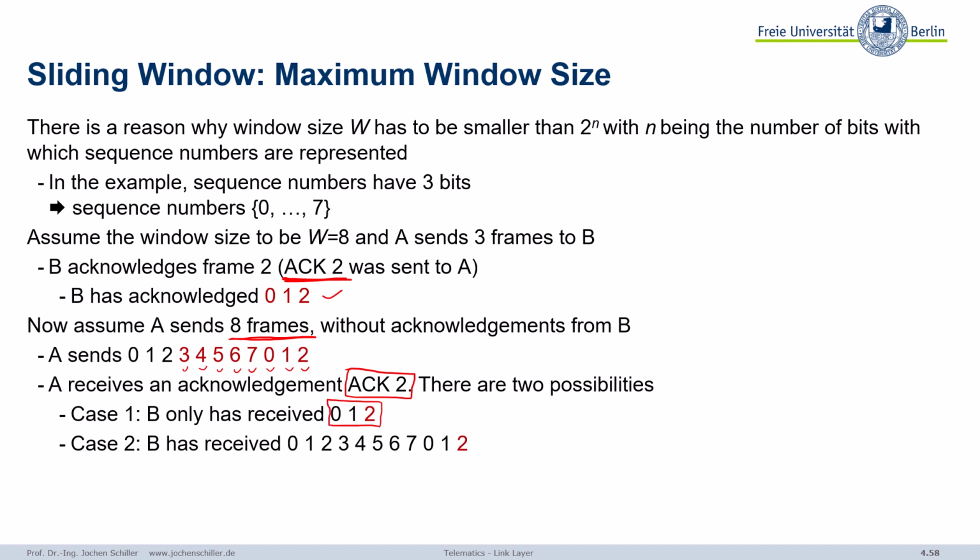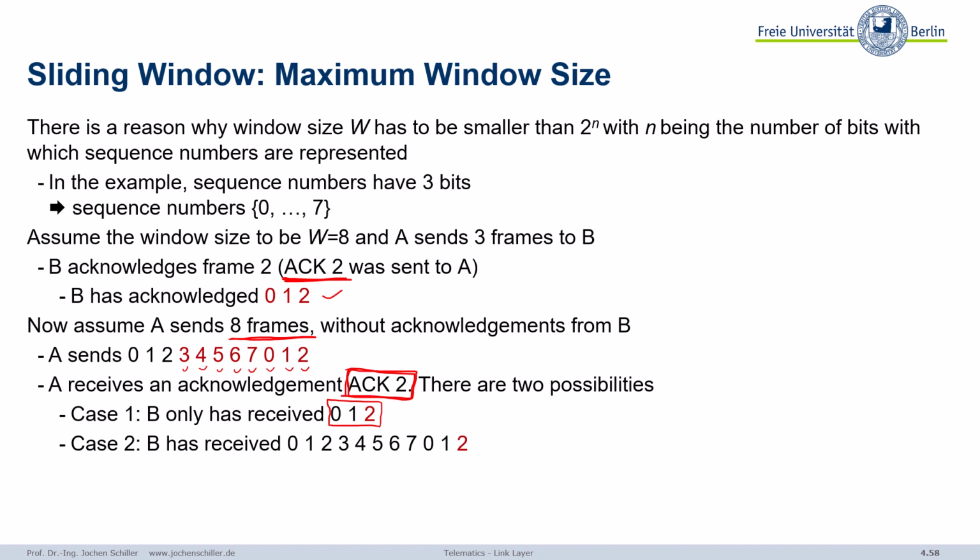That means it could be the case in communication protocols that, okay, well, I didn't receive anything, I repeat. Many protocols have this, I repeat my last acknowledgement because maybe it's lost and there's no reaction from the other side, so I repeat ACK 2. This could be the case.